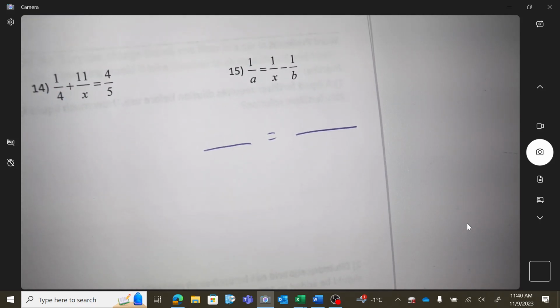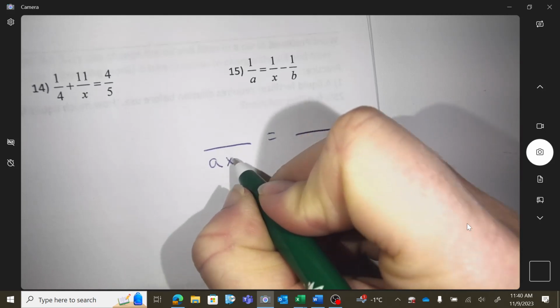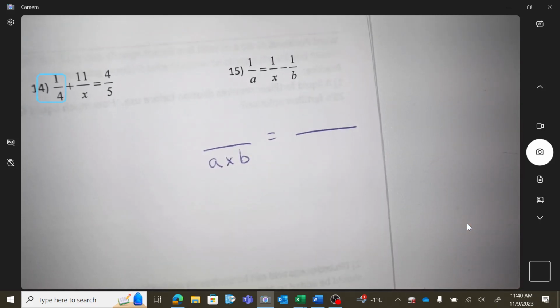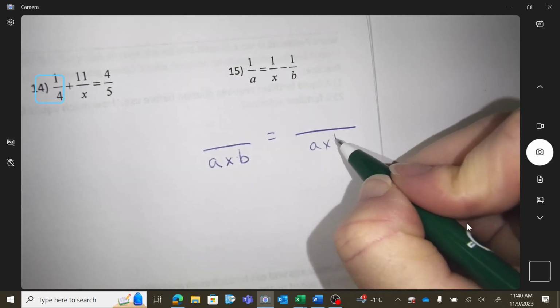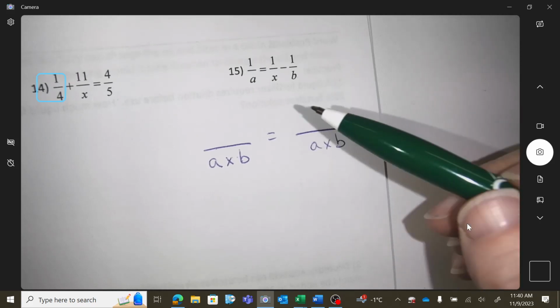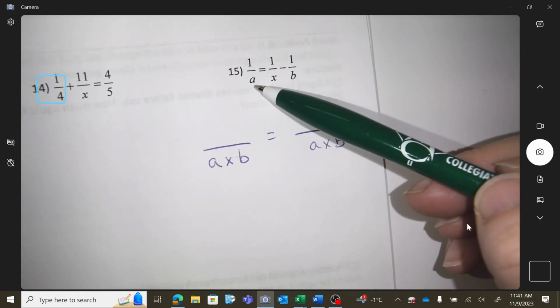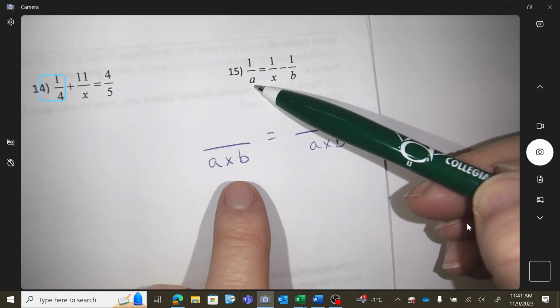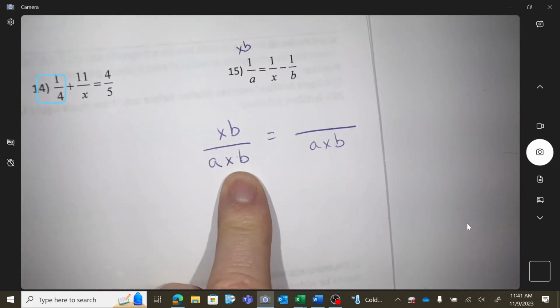So what do you all need to put in your bottom to make sure everything fits into it? An A, an X, and a B, right? Do you see it? You would need an A, you would need an X, and a B. Okay, now go through one at a time. The first fraction had an A, so what happened to it? An X and a B happened to it.